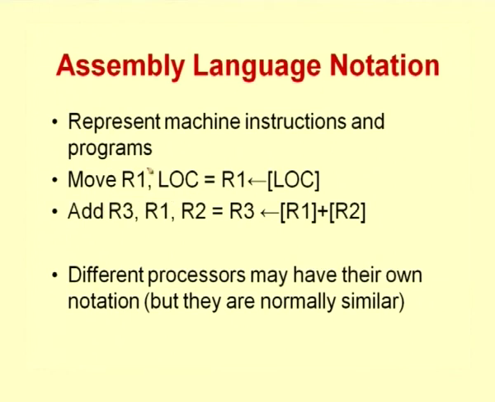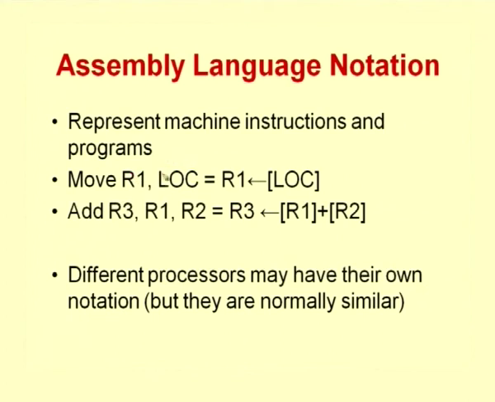Here you can see that this is a little more understandable than the register transfer notation that we looked at earlier, but this is the equivalent of that. What was specified there as R1 and then the left arrow and then the location within square brackets is specified now as move R1, LOC. Normally the convention that we use is that the destination operand is the one that is specified first and the source operands are specified later.